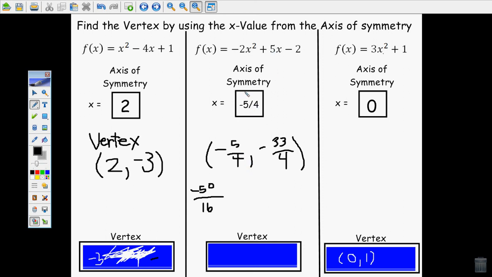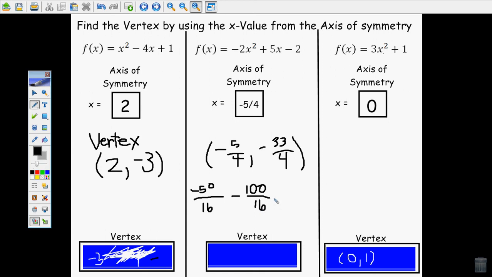5 times negative 5/4: 5 times the negative 5 would be a negative 25. And then I multiplied that by 4 and got negative 100 over 16, because you want a common denominator. I just multiplied 25 over 4 top and bottom by 4.